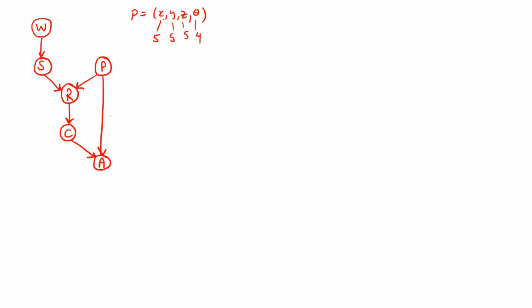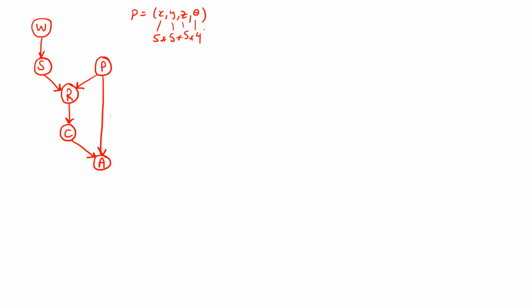Yes, one value for each. So what is then all the possible combinations of these values? It will be the multiplication of them, right? Because we have 5 here, 5 here, 5 here, and 4 here.